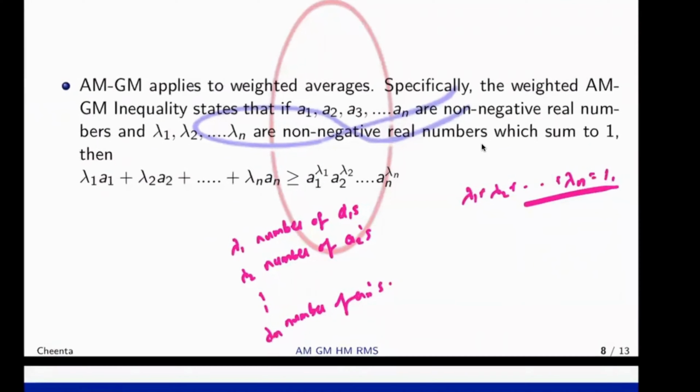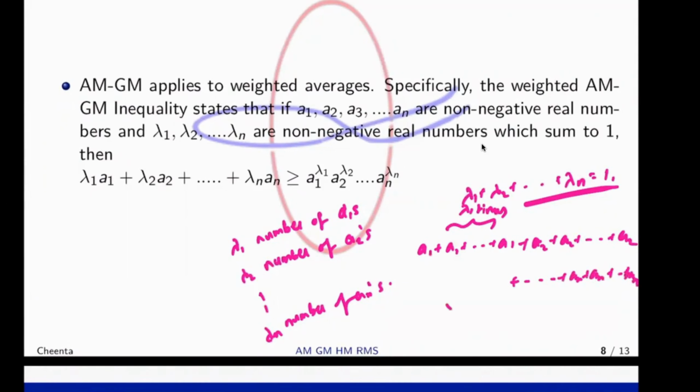So we have lambda 1 number of A1s, A1 plus and so on, these are lambda 1 times, and A2 plus A2, similarly until AN plus AN.